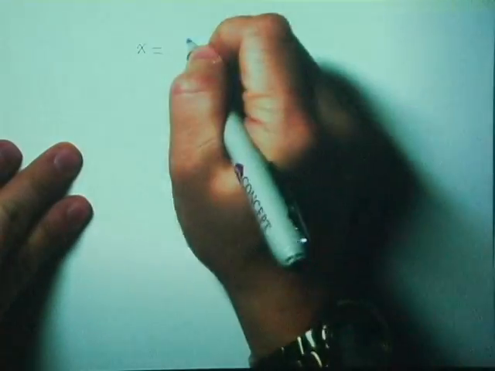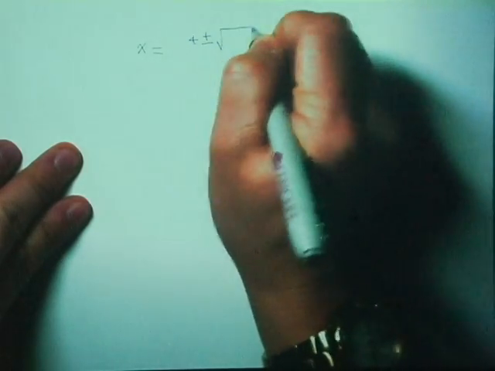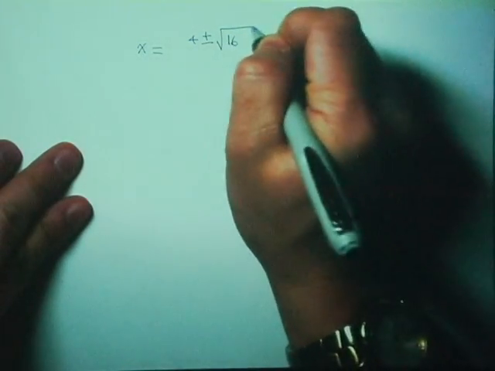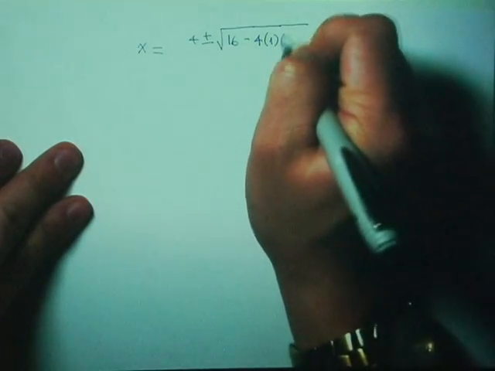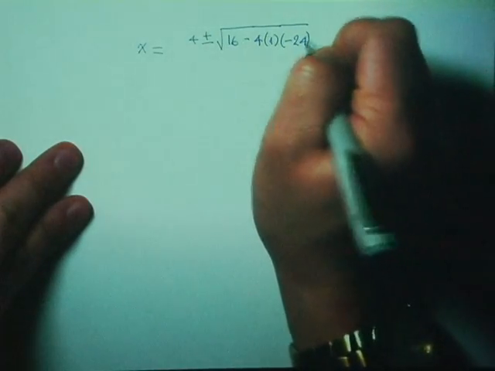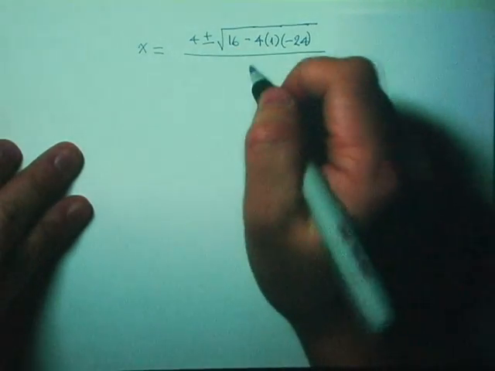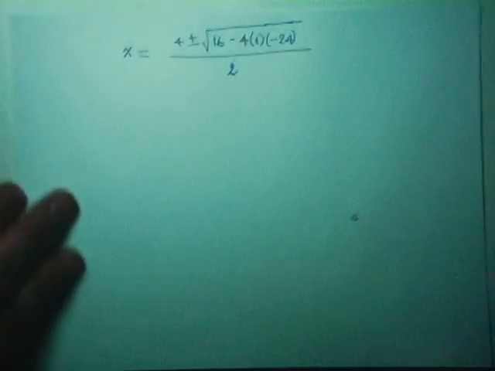It's not going to be something that we can factor nicely, but when you use your quadratic formula, it's going to be 4 plus and minus the square root of 16 minus 4 times 1 times negative 24, over 2. And that's how we can use the quadratic formula.